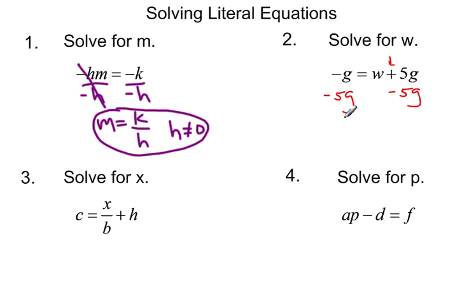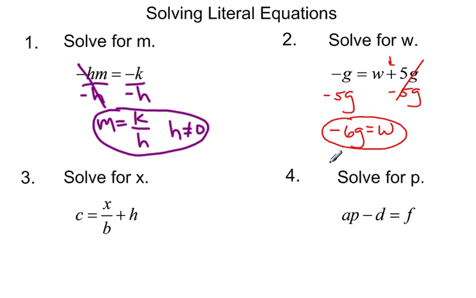Negative g minus 5g is negative 6g, which is equal to w. Good writing is about bringing things down that we don't do any computation on. And 5g minus 5g cancels. So we get that w equals negative 6g.